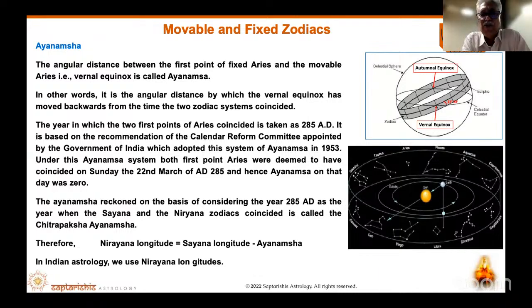Because the ephemeris which we get, our positional data, is in sayana longitude only. So when you compute the birth chart, you find out the ayanamsha also for that day, and that ayanamsha is subtracted from the sayana longitude to get the Nirayana longitude. But nowadays there are ephemerides also which give you the Nirayana longitude directly. Okay. Thank you, sir.